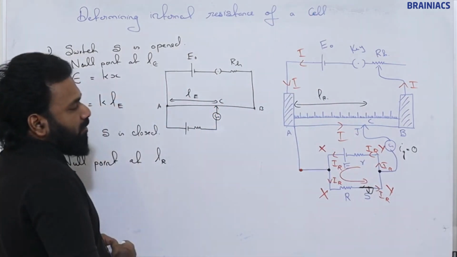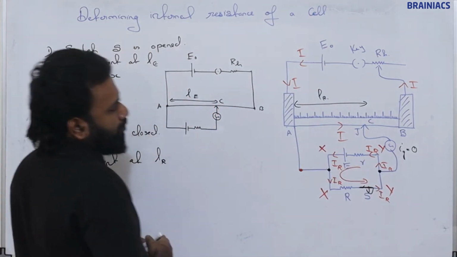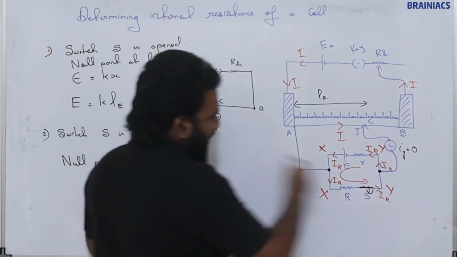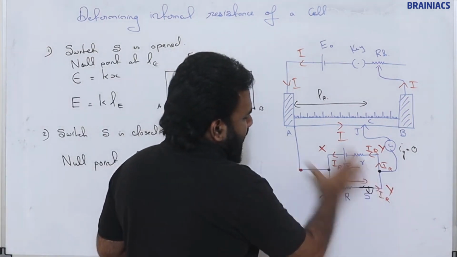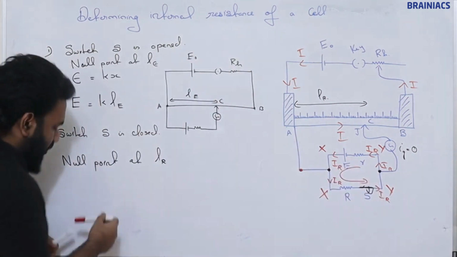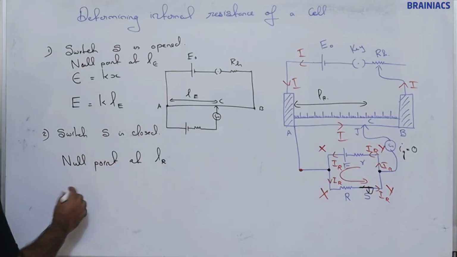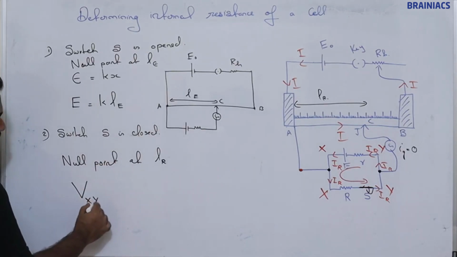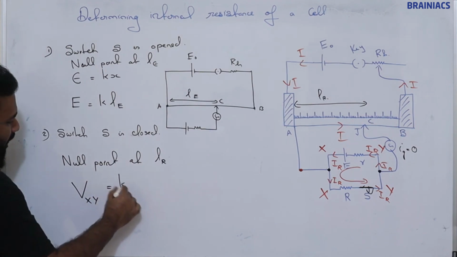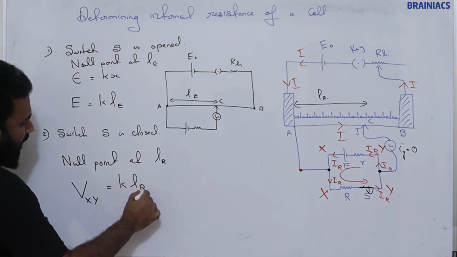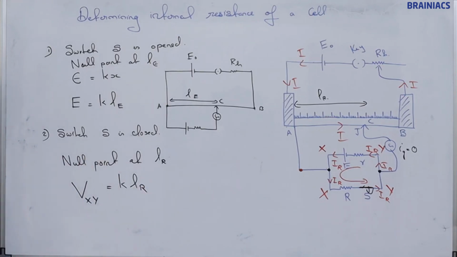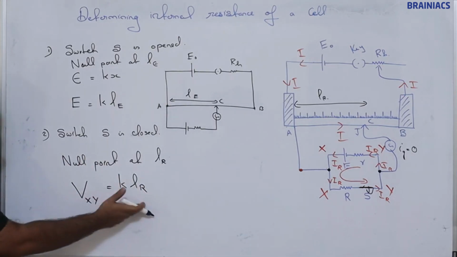Clear? That is the concept. Now what is the potential difference across XY? This we need to understand. So roughly we will be able to write the voltage across XY is equal to K into L suffix R. Clear? Understood?